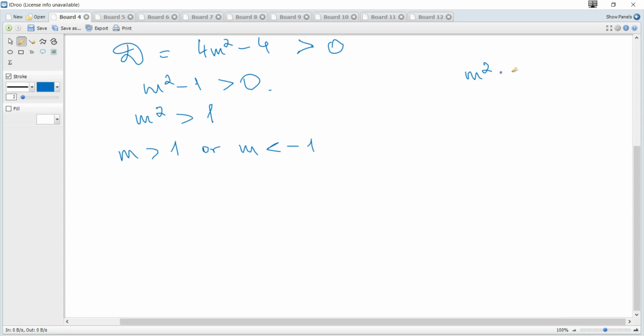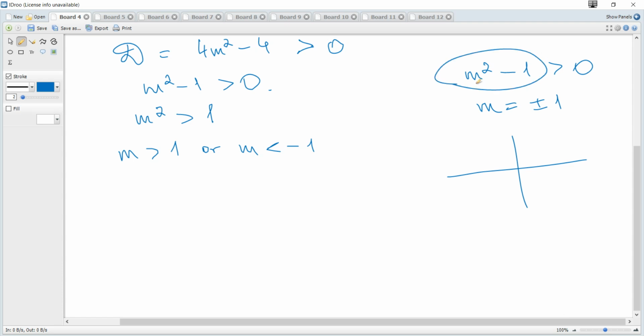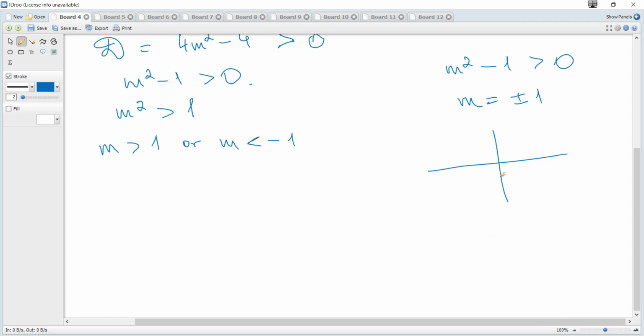We consider m squared minus 1, which is greater than 0, and we compare with 0, then we find roots of the left hand side, and you can see that roots are plus minus 1. Since the coefficient in front of m squared is positive, it's a concave up parabola. So the graph of this function is a concave up parabola with roots at negative 1 and 1.